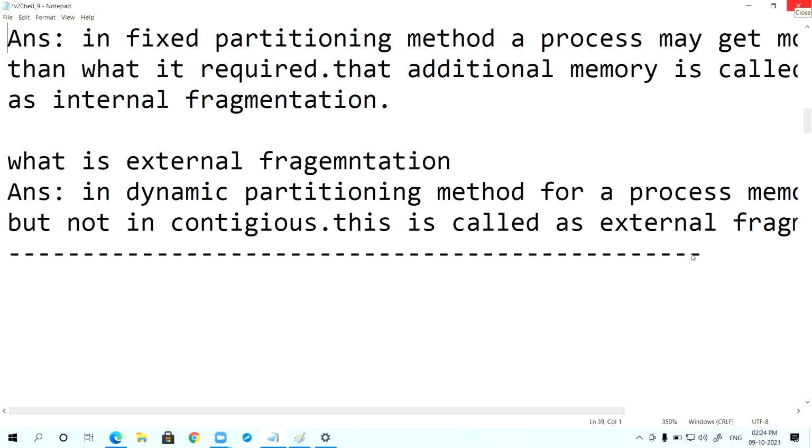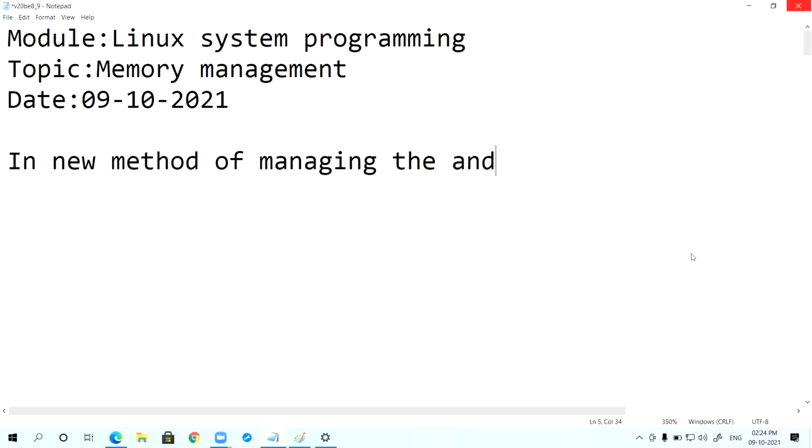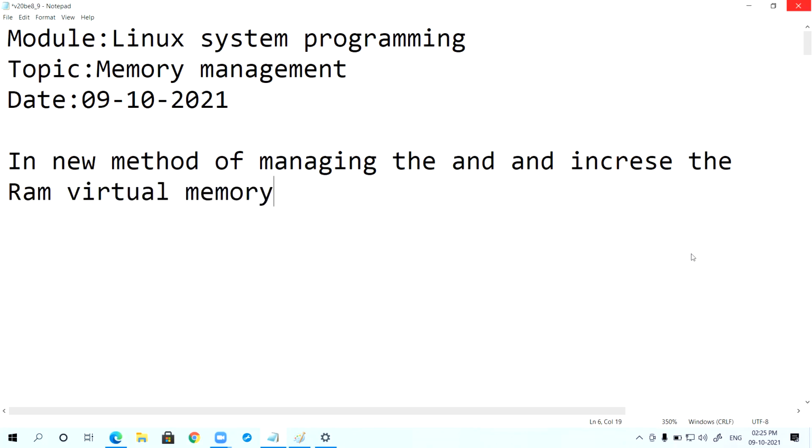In the new method of managing and increasing the RAM, the virtual memory concept came.